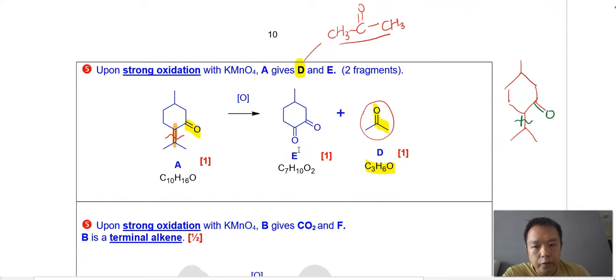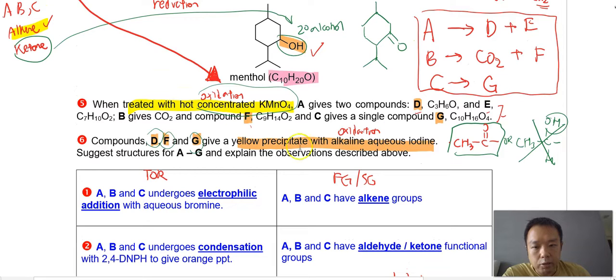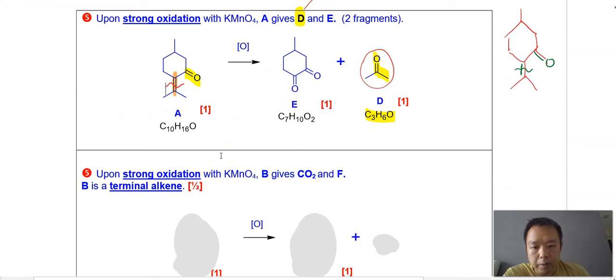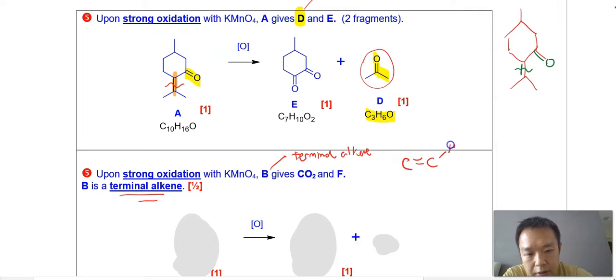Okay, now moving on, when we take a look at compound B, B gives CO2 and compound F. Now recall, if a compound gives CO2 and F, this is an indication that B must contain a terminal alkene. So you can see me indicating the terminal alkene here. What's a terminal alkene? A terminal alkene means that the C=C double bond is at carbon number 1 and 2.